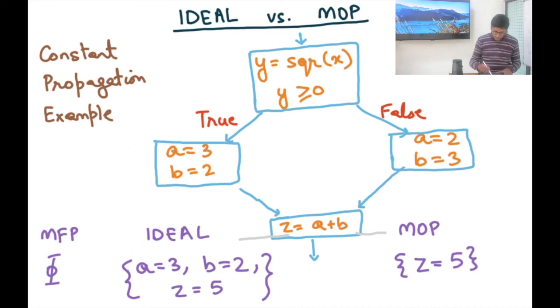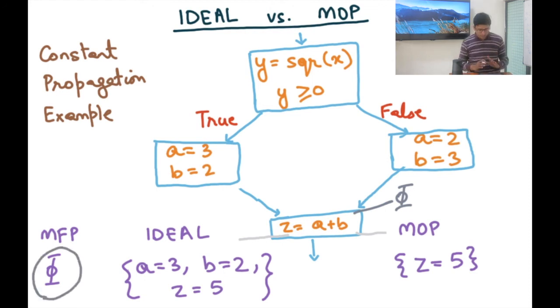And the meet here is going to give me the empty set, which is something we have seen in our previous modules as well. And so in the MFP, we are going to apply the transfer function of z equals a plus b on the empty set, and that's also going to give me the empty set. So the MFP solution for this particular program for constant propagation with the nuanced transfer function is the empty set at the end of the program.